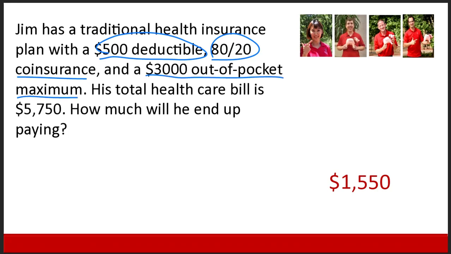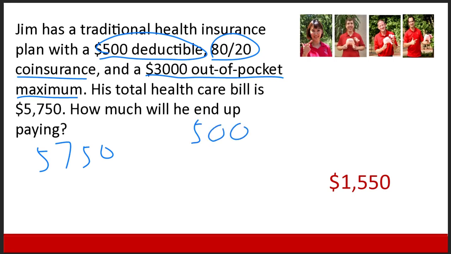Now his total health care bill is 5,750. So how much will he pay for that? So we will start with 5,750. This is higher than the 500 deductible, so we'll pay the 500 deductible.